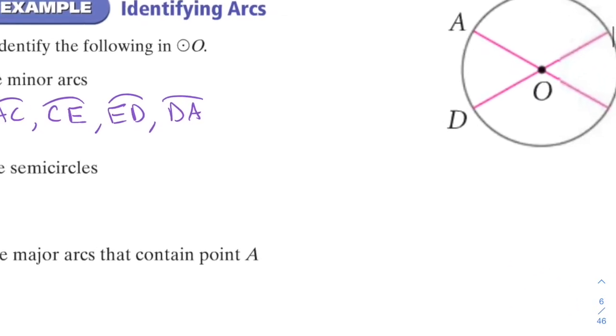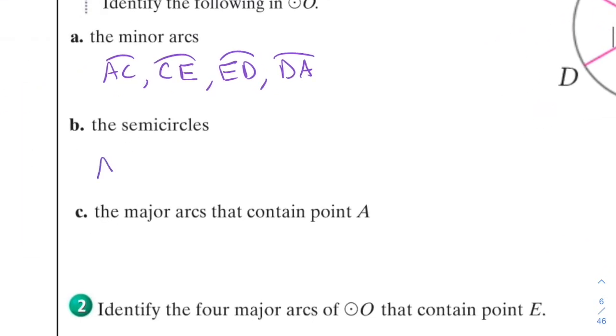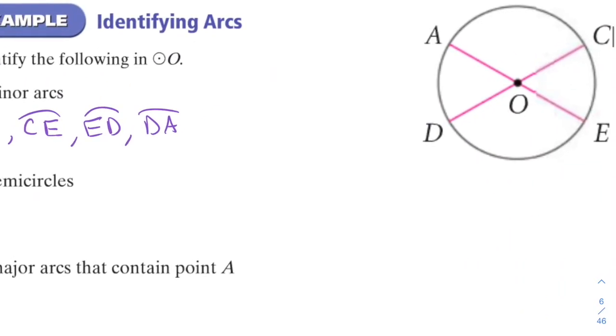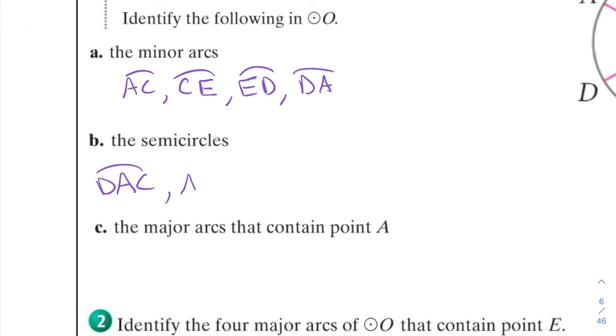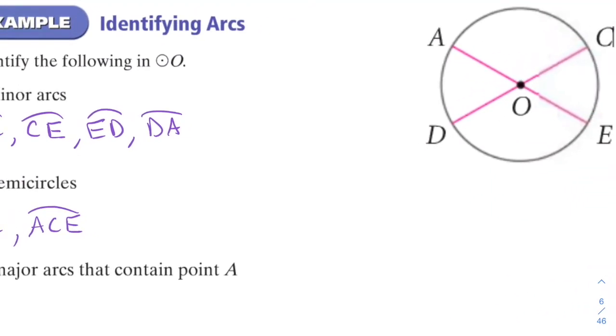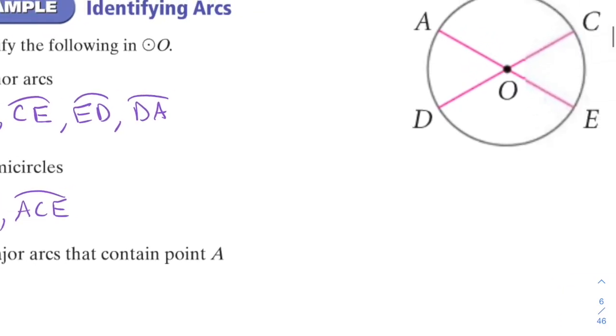The semicircles appear to be DAC, ACE, and I guess we can repeat them.